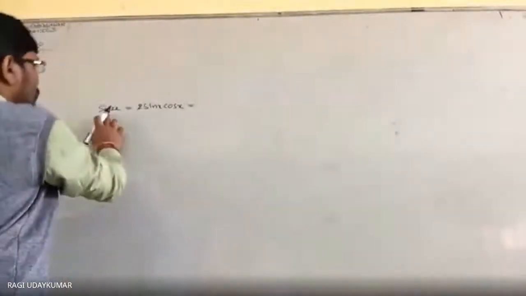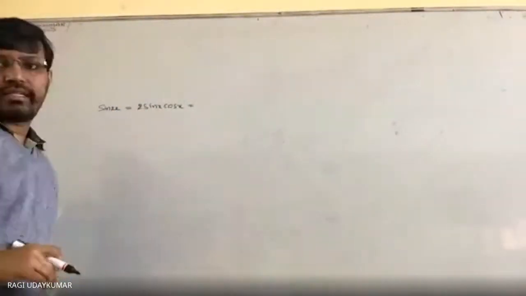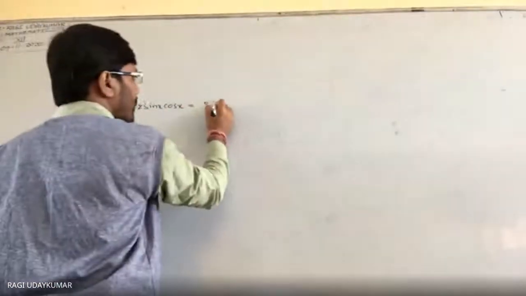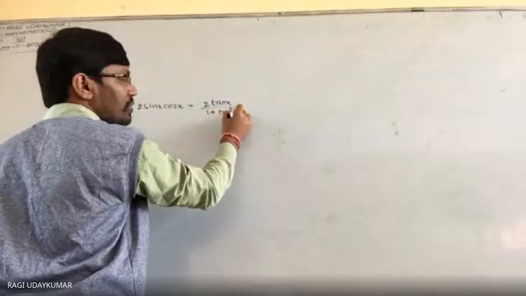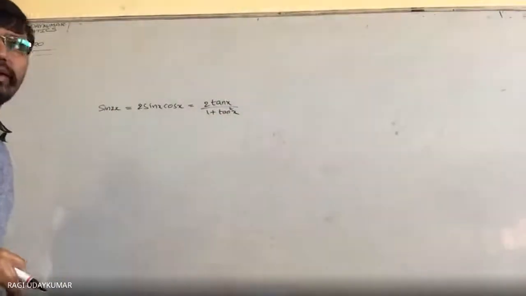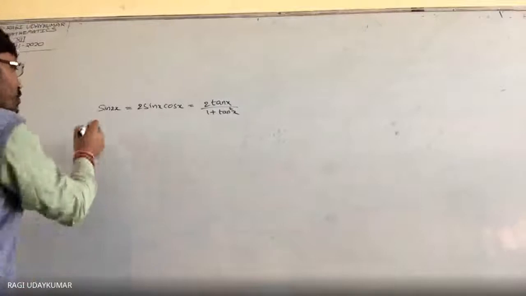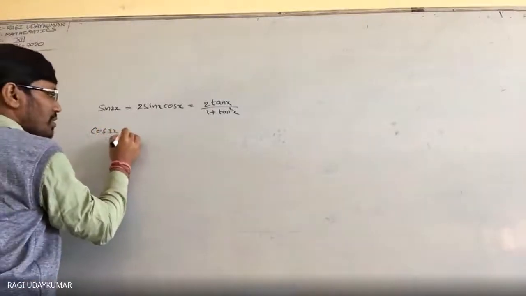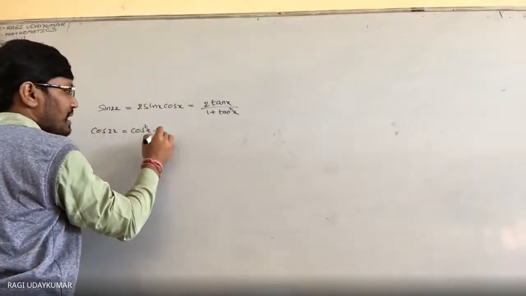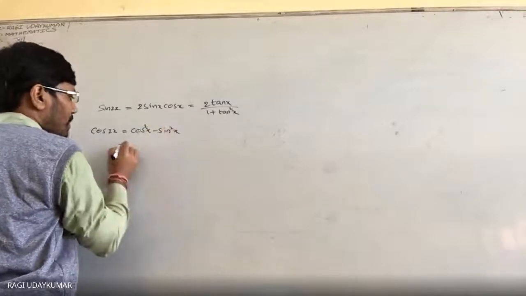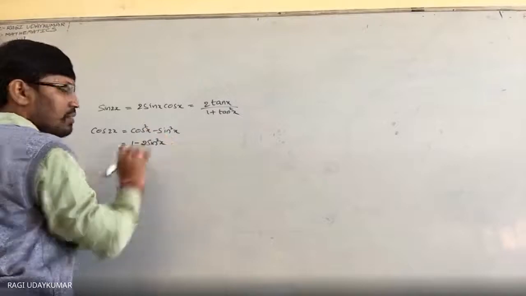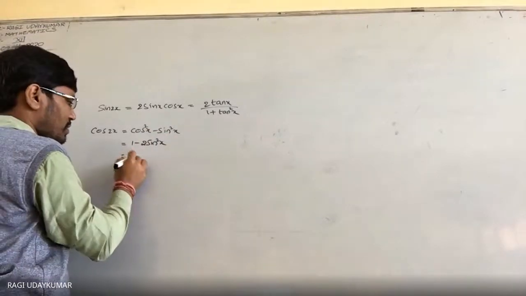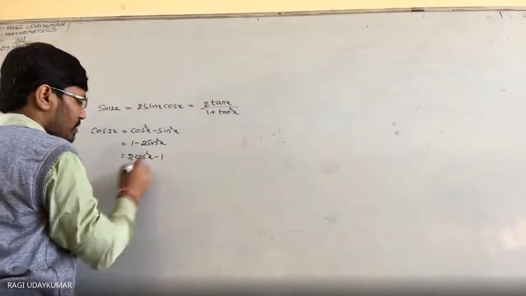Sin 2x is equal to 2 sin x cos x. This can be written as 2 tan x by 1 plus tan square x. So cos 2x can be written as cos square x minus sin square x, or this can be written as 1 minus 2 sin square x, or this can be written as 2 cos square x minus 1.